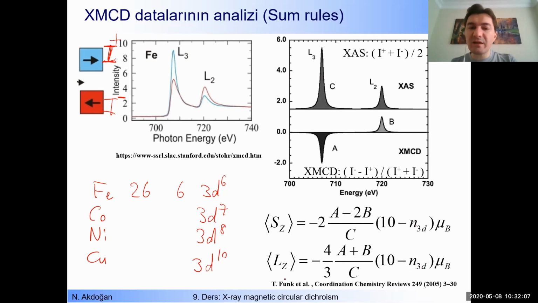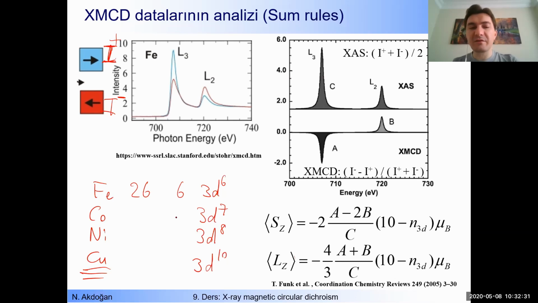The orbital magnetic moment and spin magnetic moment will be 0 for the copper. Indeed, copper is not magnetic. Since we have unoccupied levels in the 3D level of the nickel and cobalt and iron, they are magnetic. They are ferromagnetic. They show a magnetic signal.